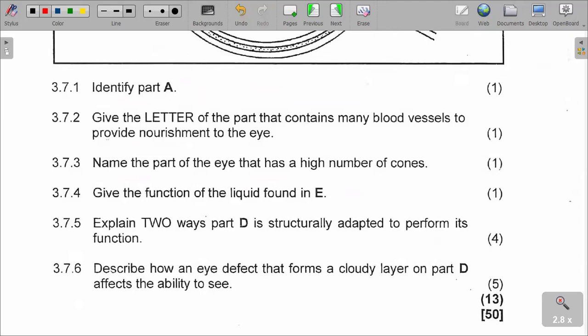When it is damaged, the insulation around the nerve fiber is compromised, leading to slower or disrupted transmission of nerve impulses.